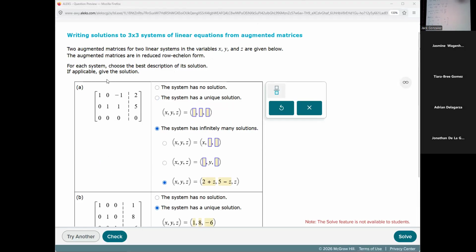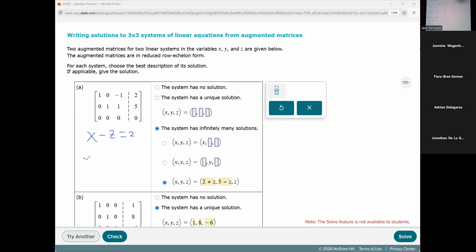On this one, we have infinite solutions. Whenever that happens and they want you to write the solution, you have to change them to equations. So this first one is x minus z equal to 2.